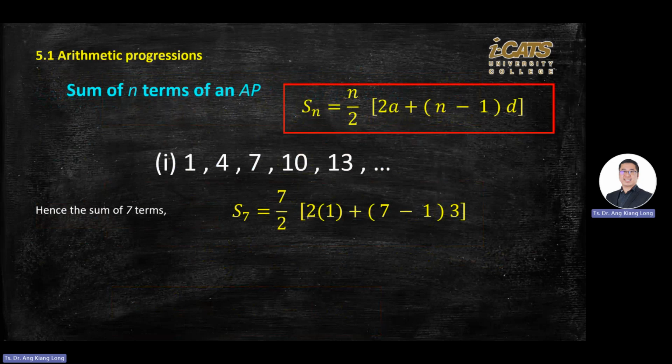So here you just substitute. Your A is 1, n is 7, D is 3. So n equals 7 because the question asks you to calculate all the 7 terms in the series.